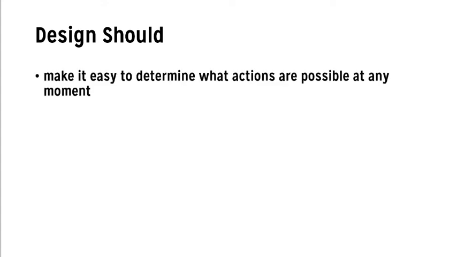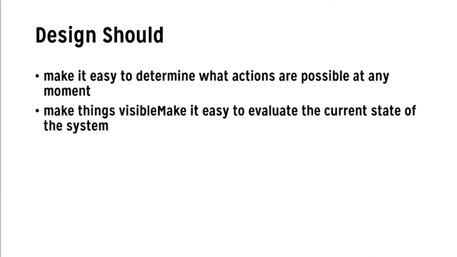So when we look at what we've learned in the course of reading this book, and all the things that we've discussed in regard to human-centered design, we look at what design should do. Design should make it easy to determine what actions are possible at any moment. So when your users are on your website, they should be able to know what to do.